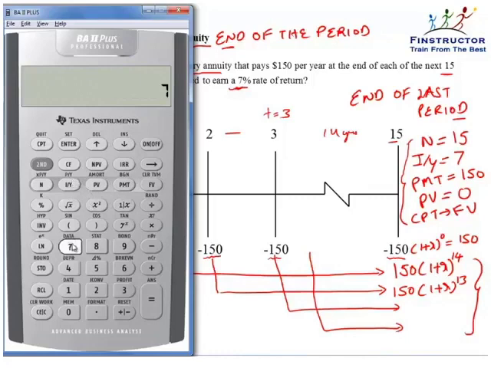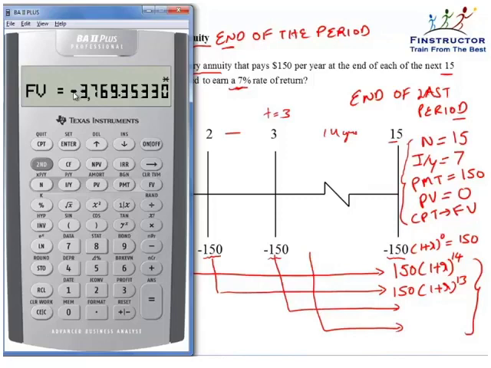Press the button 7 and then press I by Y. Press 150 and press PMT. Press 0 and then press PV. And we need to compute the value of FV. So the FV comes out to be 3769.35 negative.